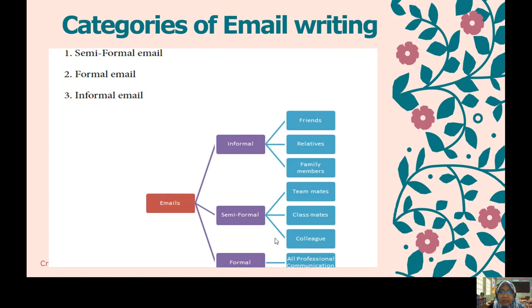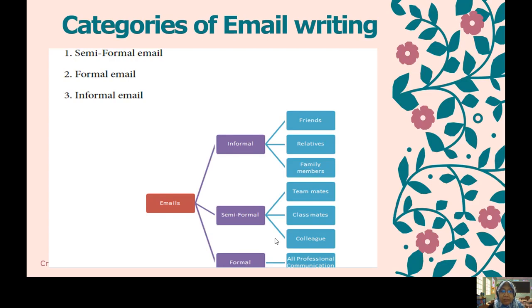So informal email is when you want to write to your friends, relatives, saudara mara, or your family members, ahli keluarga. Usually you are using an informal email, more relaxed, not too proper, especially for the language part.